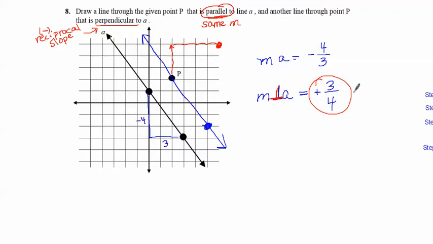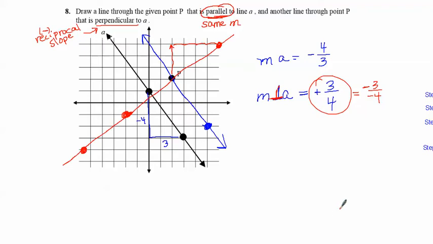Of course, we know that positive 3 over positive 4 is the same thing as negative 3 over negative 4, because two negatives cancel out to a positive. So I could have gone down 3 and then left 4 to find another point. And I can keep doing that, down 3 and left 4. That way you can have many points to help you draw your straight line.